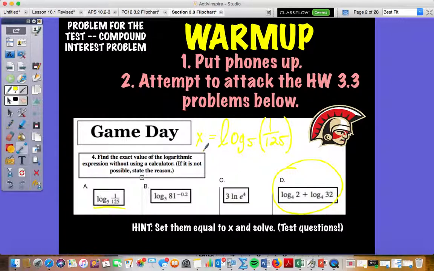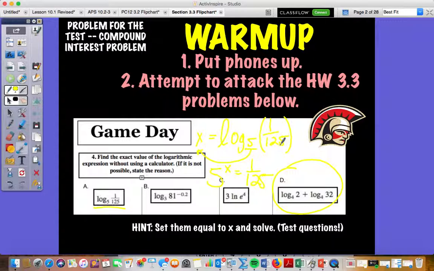We'll do the first one together, just to fly through here. We would get 5 to the x power equals 1 over 125. Can anyone else tell me what I could do, Thomas, to simplify? You could turn the 125 into 5 to the negative 3.